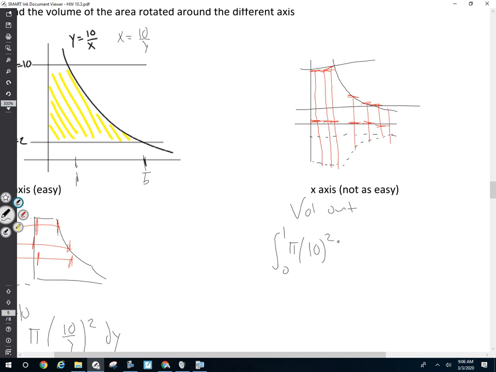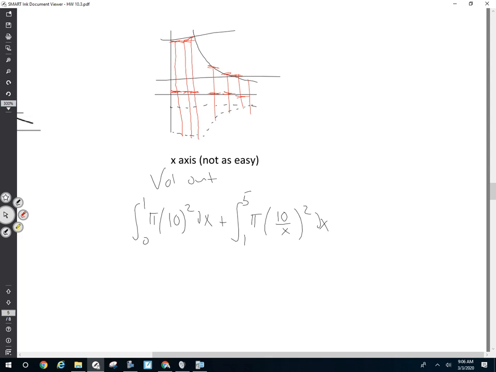And this is with respect to x, because there are skinny widths. And then I also need from 1 to 5 my new outer radiuses, my new heights. That's 10 over x squared. Those are all of my red cylinders here.